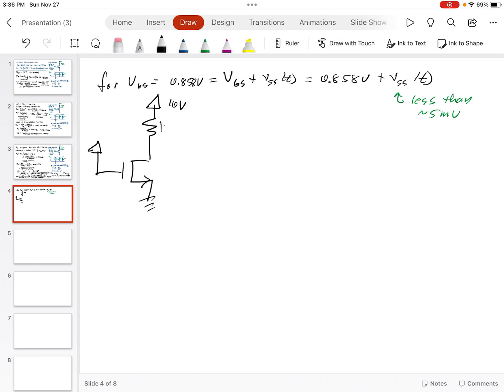I think I said we've got 10 volts up here, we've got 10K here at V out, and we've got 0.858 volts DC there. That would also be the same as saying this. We've got a little vgs.